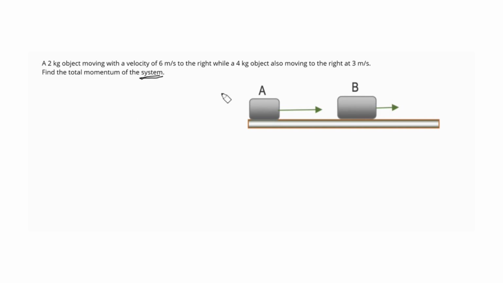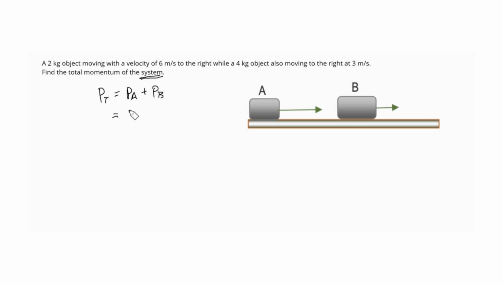And so if I were to find the momentum of both of these together, I'd simply be adding the two momenta. So P total would be PA plus PB, the momentum of A and the momentum of B. Since they're both moving in the same direction, they will be adding.